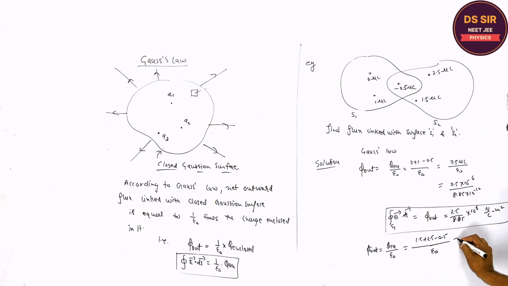So this is how much? This is 3.5 into 10 to the power minus 6, 3.5 microcoulomb divided by 8.85 into 10 to the power minus 12. When you simplify, you will get the answer in Newton meter square per coulomb.